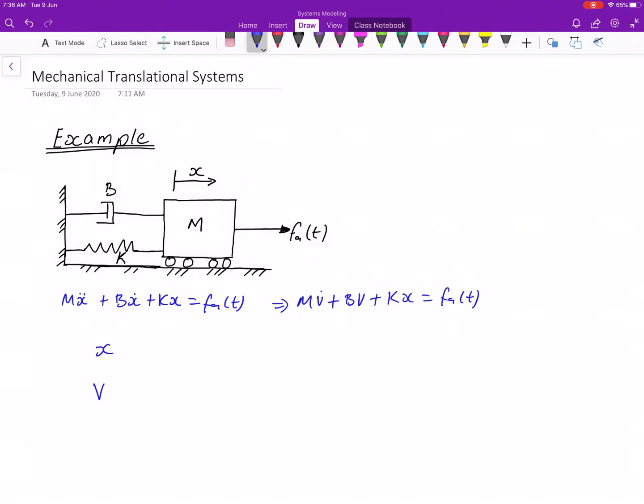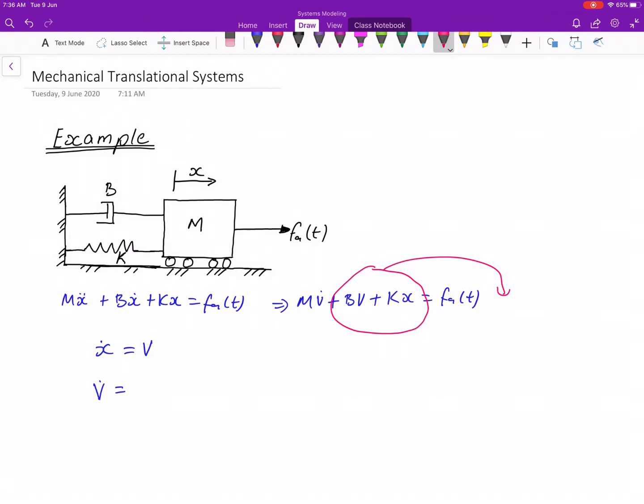and v to be our other state. And we say that we need to find the derivative of our states. So we need to find the derivative of that, and we need to find the derivative of that. We know that x dot is equal to v, and for v dot we are just going to take this equation and move the other terms to this side.